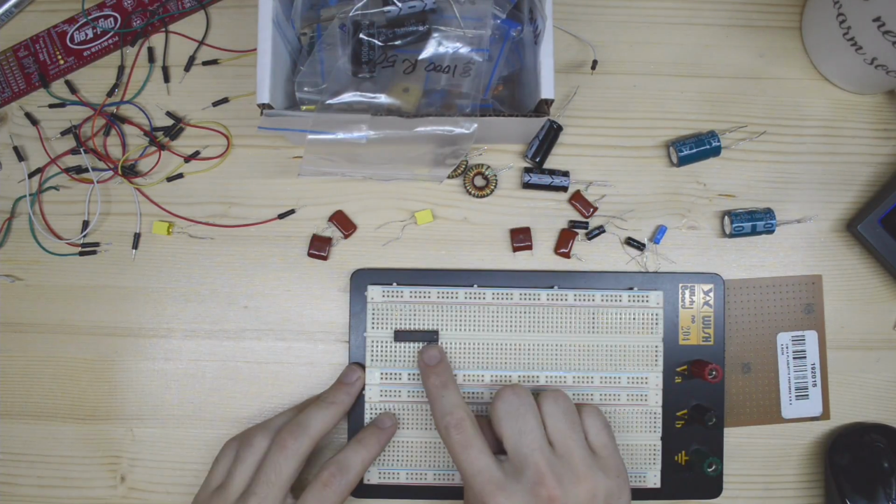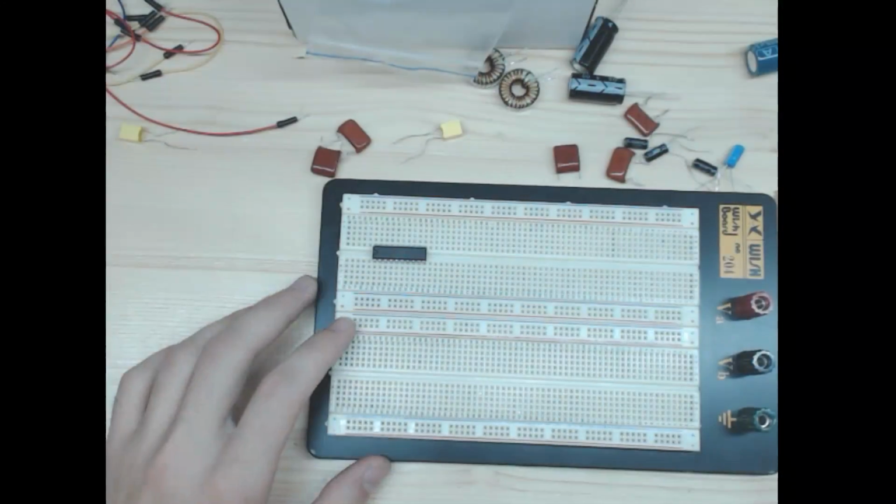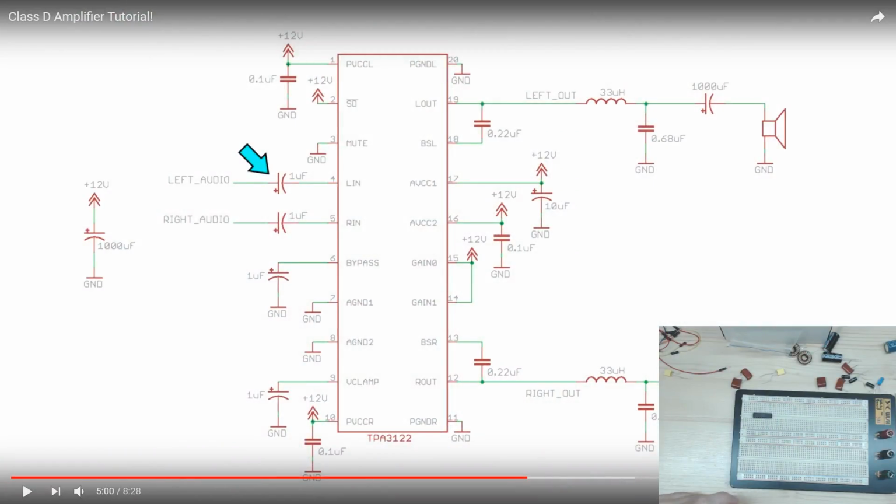So we will look at the schematic, or basically the other side of the IC, which will be connected in a weird order per se, especially if we look at AVCC 1 and 2, where there's a 0.1 microfarad as well as a 100 nanofarad and a 10 microfarad that's in parallel with ground and 12 volts.